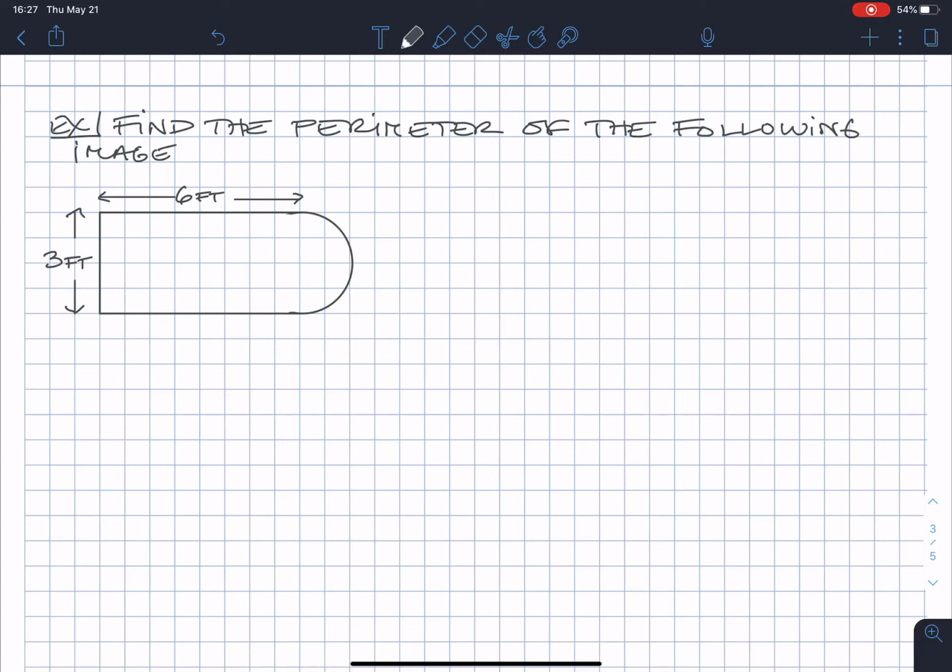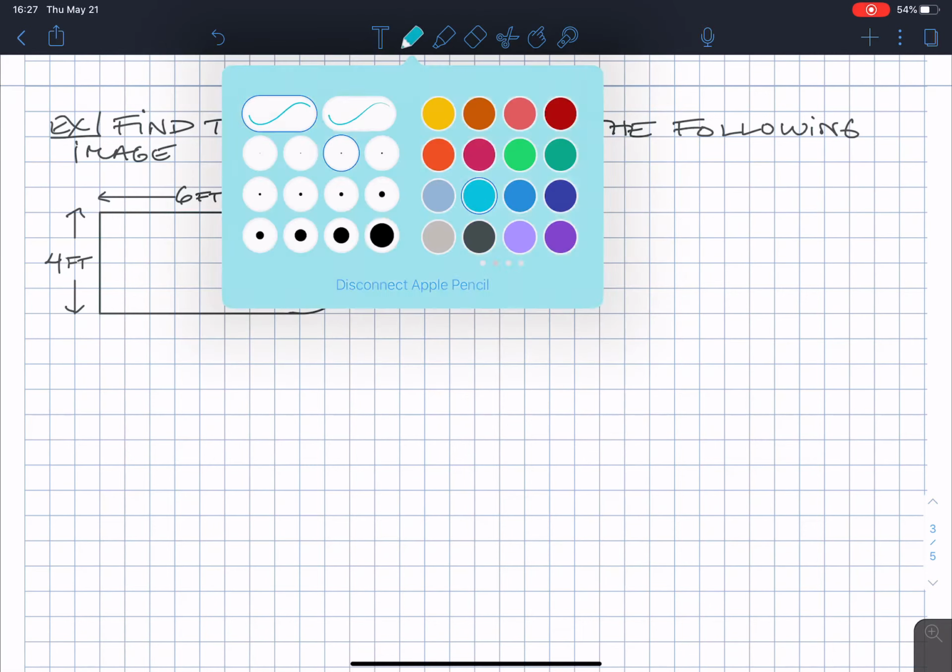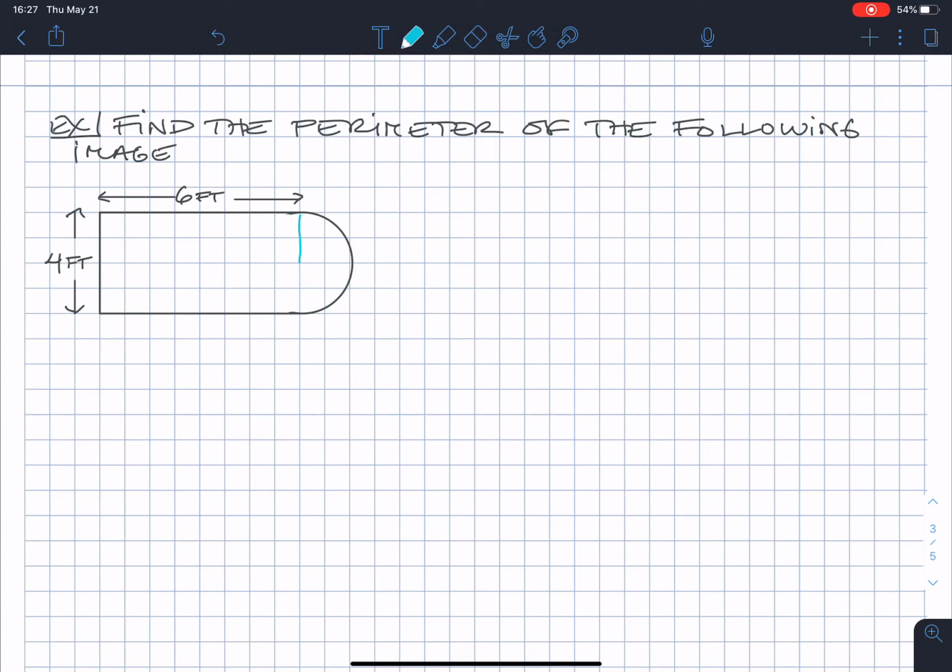Let's make it 4 feet high. I think that'll be better. So therefore, this radius here, of course, is half of 4 feet, so that's 2 feet.